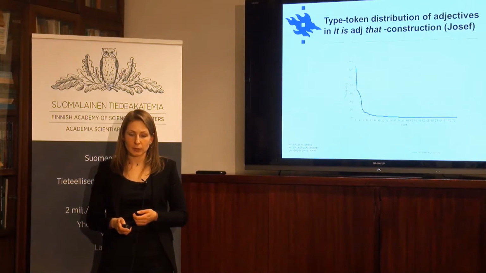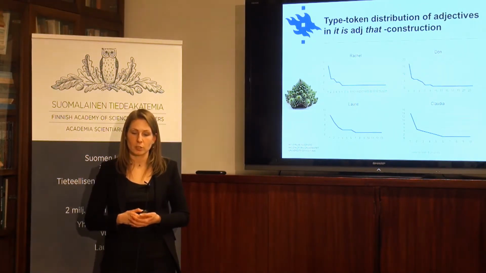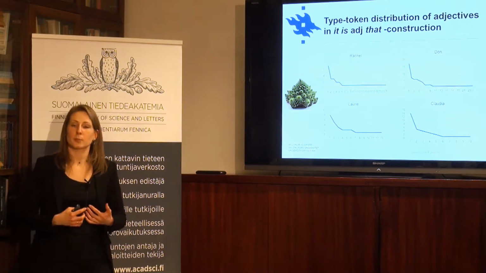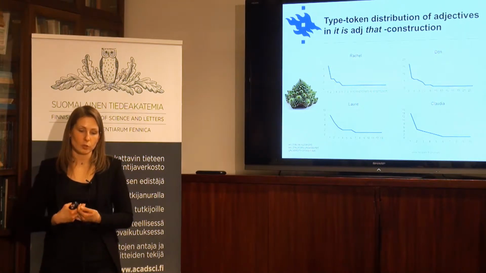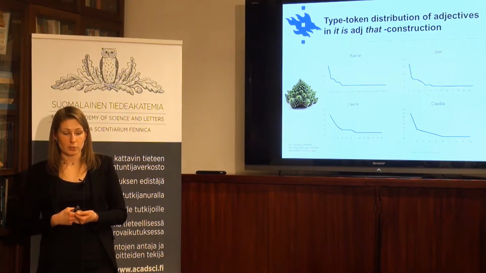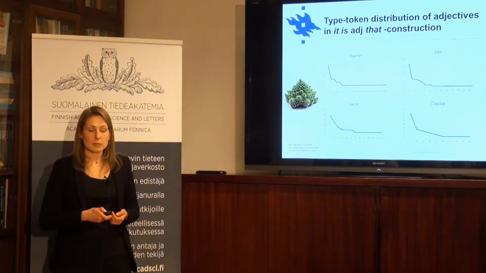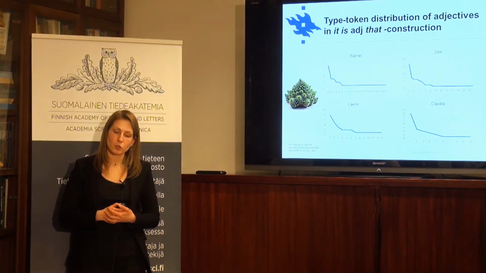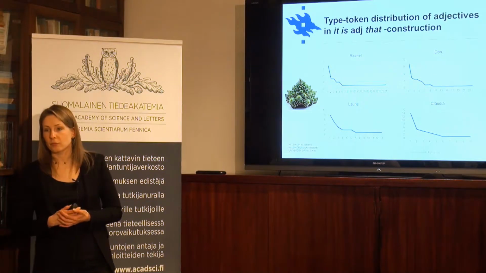But when we look at the distribution of adjectives in this construction in other speakers, we see approximately the same distribution. It's still a Zipfian distribution, so there are adjectives which occur much more often than others, and there is a long tail of one-off occurrences. And it seems like this kind of distribution looks like scale-free self-similarity.